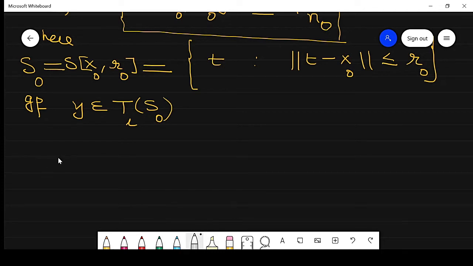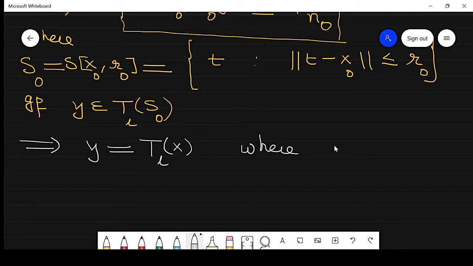If I take y belonging to these values, it implies y is equal to Ti x, where x belongs to S0, and it satisfies the condition of S0.